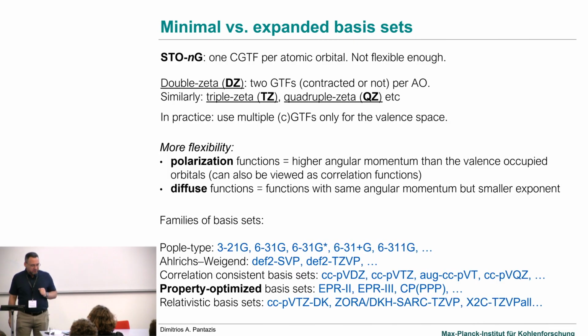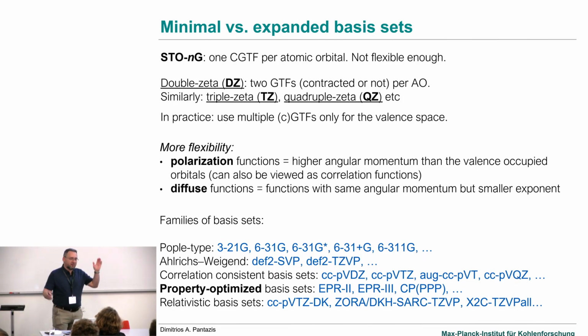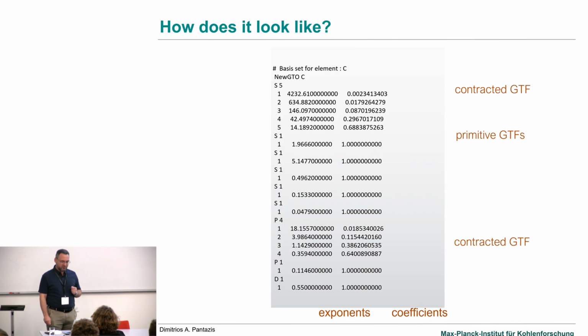So there are all sorts of different families, and there are hundreds of basis sets in any program you might care to look for. They're nothing exotic, basis sets. Sometimes people get confused about this, or they think it's something really weird. It's just a set of exponents and coefficients that correspond to a simple equation of a Gaussian.